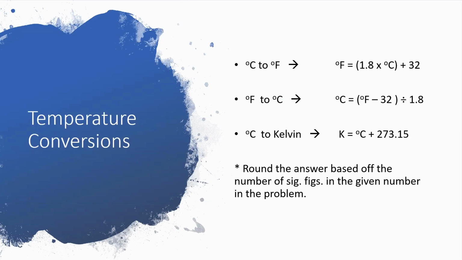You must round your final answer based off of the number of sig figs from the given number in that problem. So I want you to take a look at these three equations and notice, is there a direct equation that will take you from Fahrenheit to Kelvin? No. So this is a two-step conversion. You'd have to first convert the Fahrenheit to Celsius, and then we would have to go from Celsius to Kelvin.